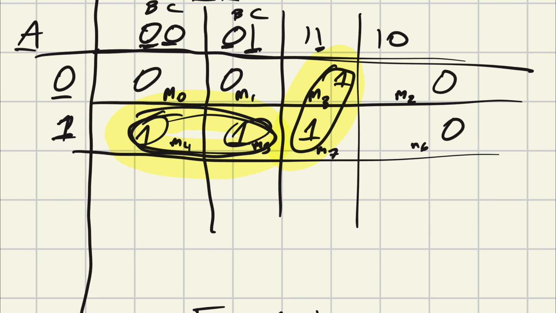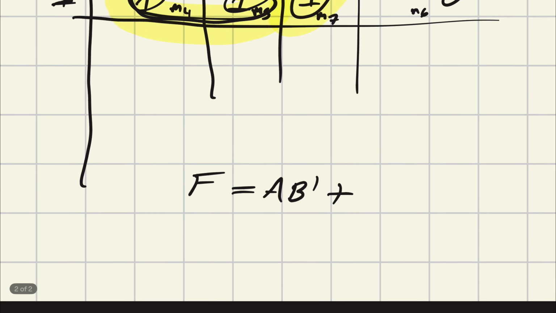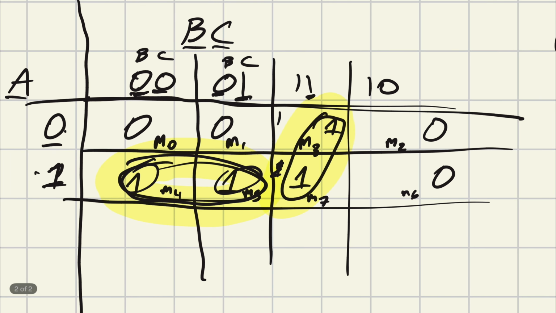And first, we're going to look at A. Now notice between this square and this square, A is changing. A is going from 0 to 1. So we can't write A as a term, it's changing. However, between these two, B and C are not changing. They're remaining 1. Both of them are remaining 1. Nothing else is changing.